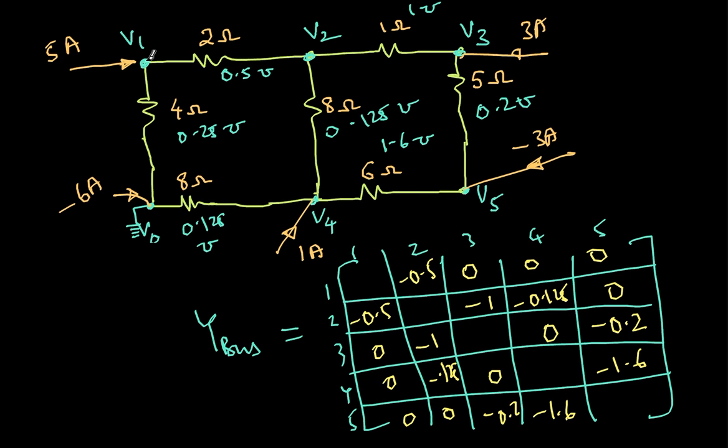So I'll just add everything. So 0.5 will become plus 0.5 and then plus whatever is the admittance, 0.25. So 0.5 plus 0.25 will be 0.75. I'll write that here, 0.75. Here 0.5, 1.5, and so just addition of all this.